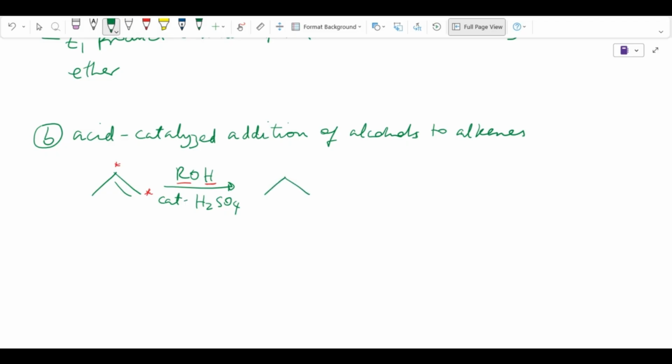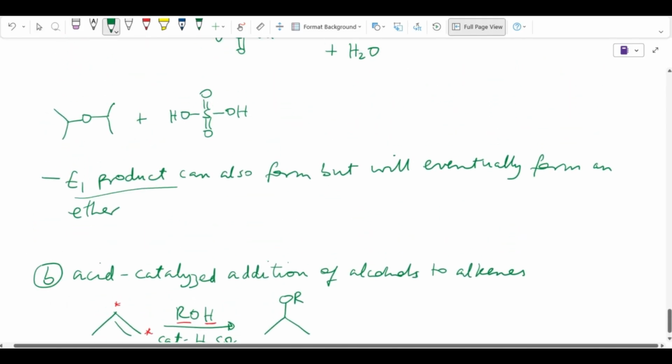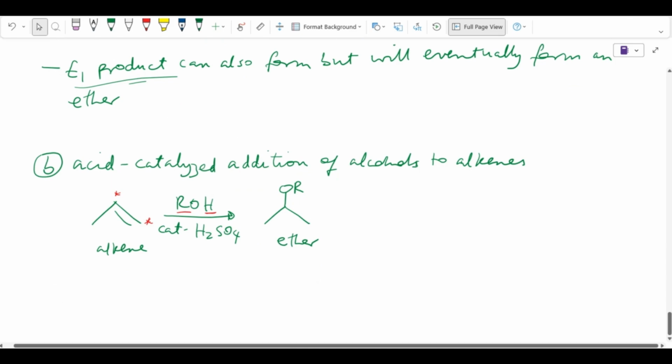So your product will be such that you break the pi bond and add the alkoxy group to the more substituted carbon, and you will form your ether. So let's say we form an alkene, we form an E1 product here. That E1 product can also react with more alcohol and form ether.